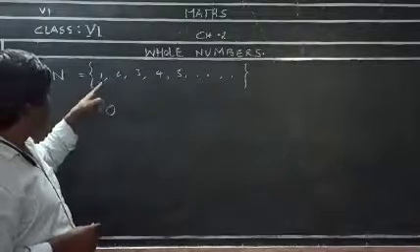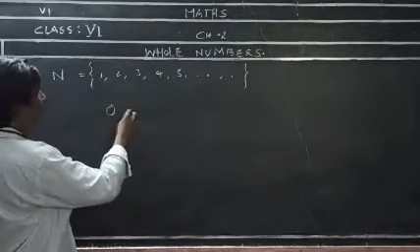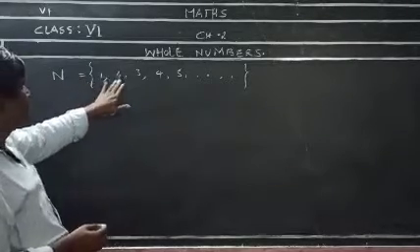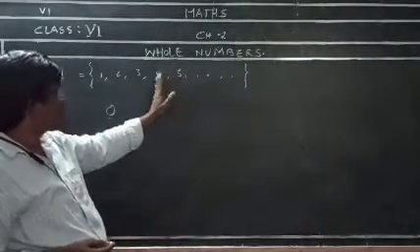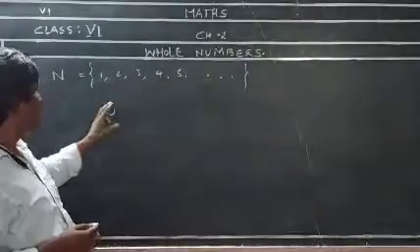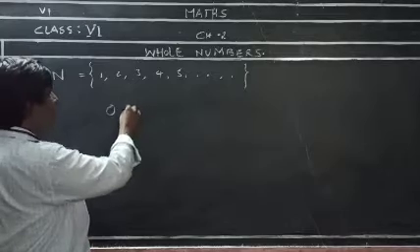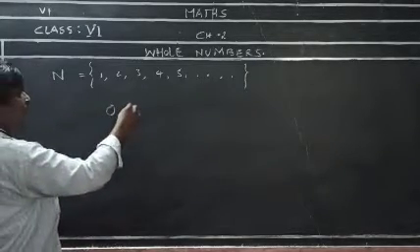So if I take 0 also, by subtracting, then 1, 2, 3, 4, 5 are natural numbers. To get the predecessor, I am subtracting 1, so that at once I am getting 0. What is the next number? The successor of 0 is 1.